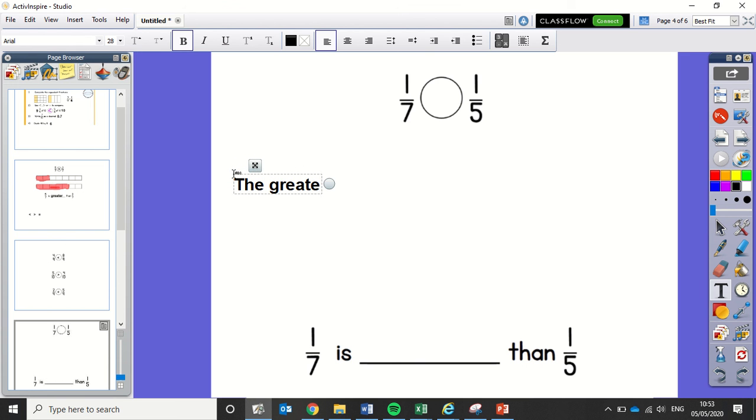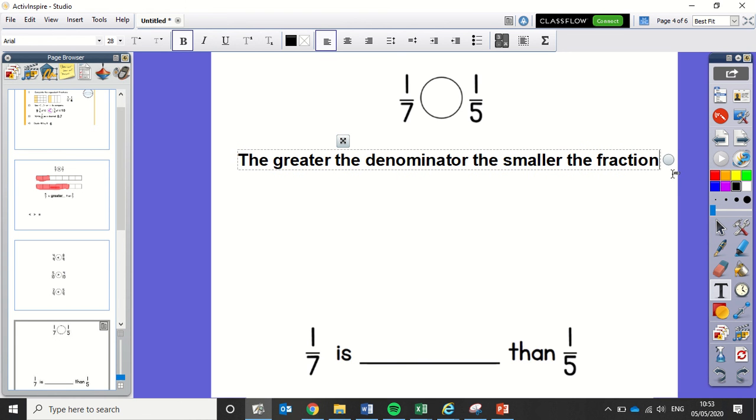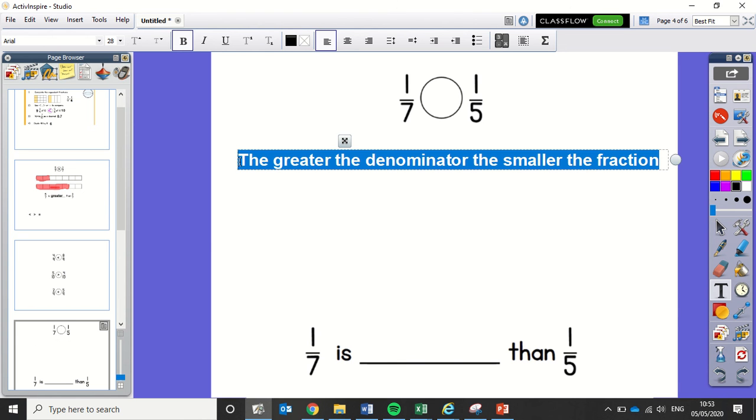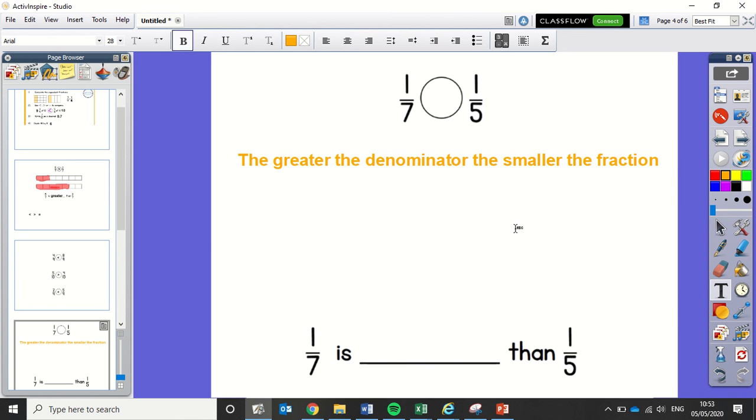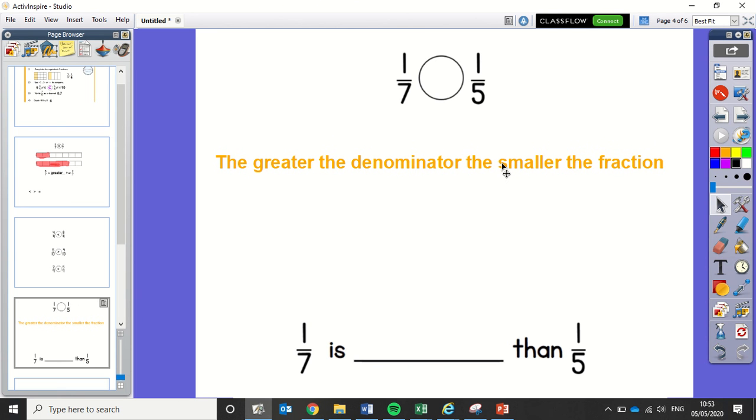The greater the denominator, the smaller the fraction. Okay, now that's my very, very, very important golden rule. I'm going to make it gold as well to really highlight that it's the golden rule. I don't think I have a gold colour, so I'm just going to turn it orange. That's the closest thing I've got. The greater the denominator, the smaller the fraction.